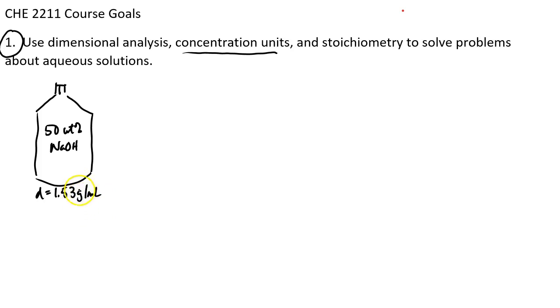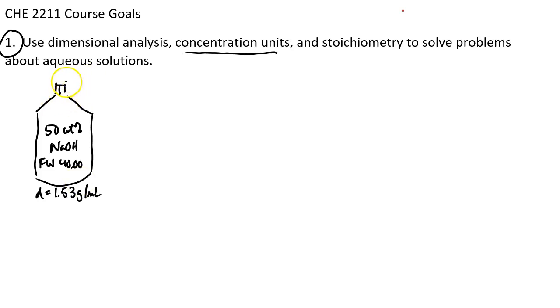Remember, that's grams of solution, not sodium hydroxide, grams of solution for every 1 milliliter. And let's say that the formula weight of that sodium hydroxide is 40.00 grams per mole.